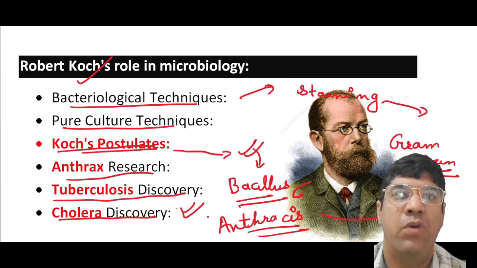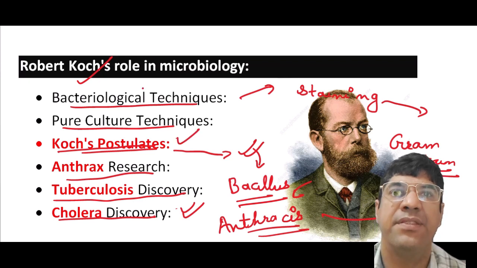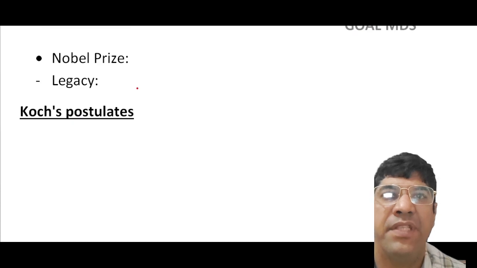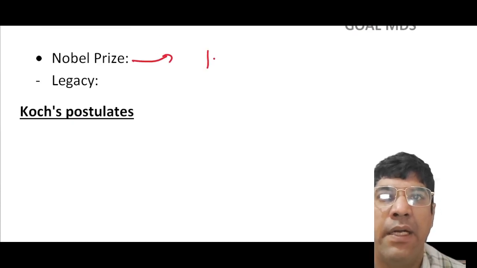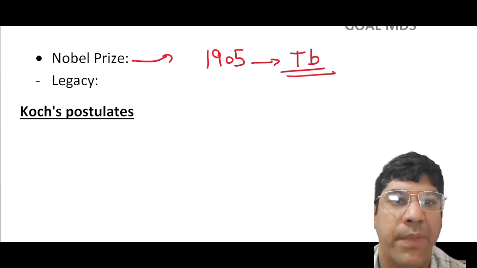So the most important contribution he gave was the Koch postulates. So let us discuss the Koch postulates. Apart from that, he was given a Nobel Prize in the year 1905 for his research on tuberculosis. That is important, you have to remember.